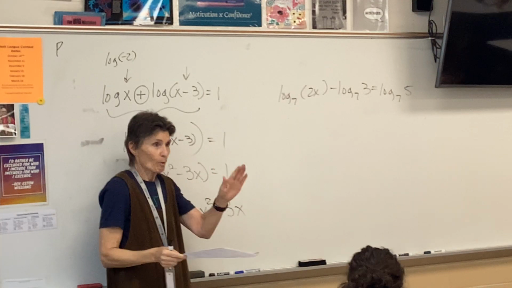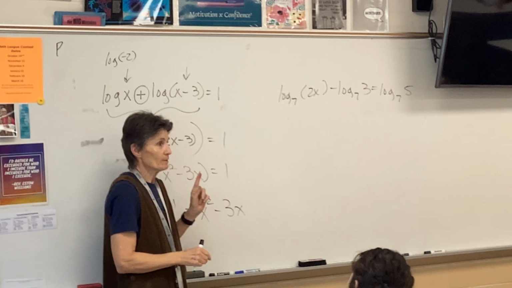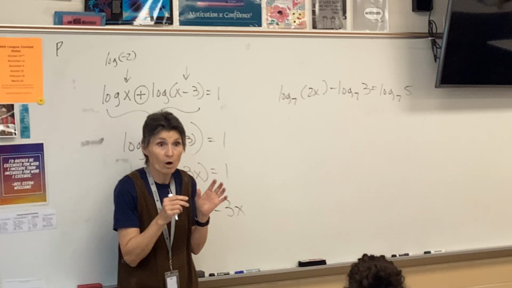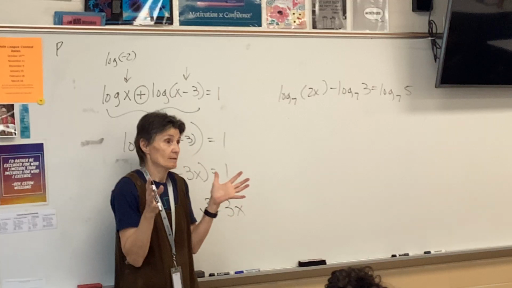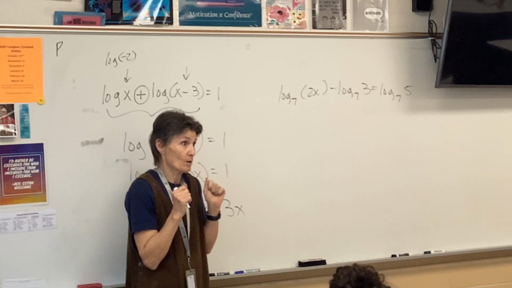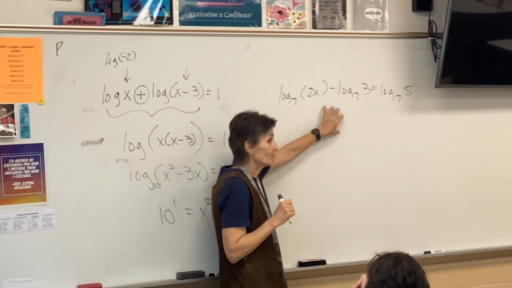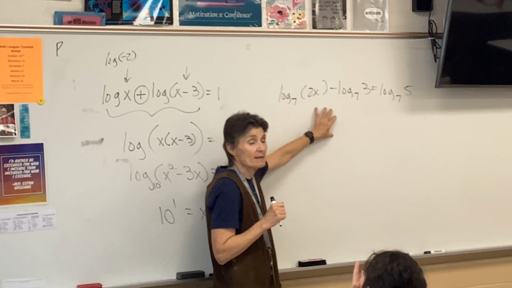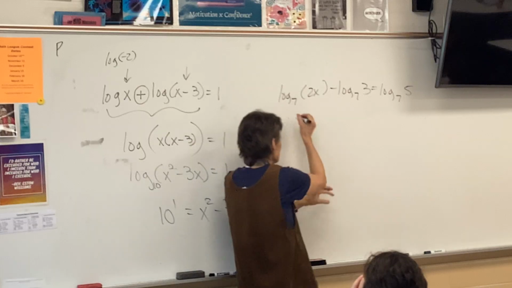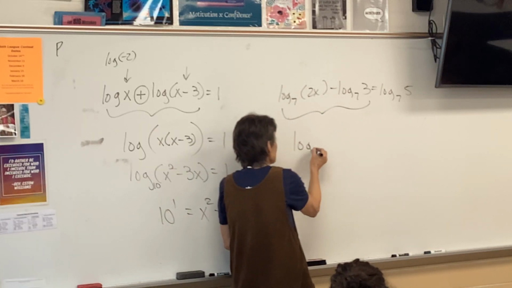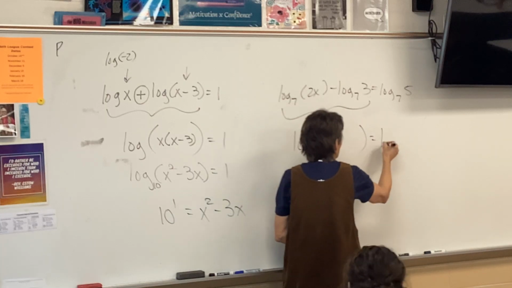Now, this problem is different than what we just did, because it has logarithms on both sides. That is actually easier. However, we still cannot have 2 on the same side. So these have to be condensed. Log base 7 of something.